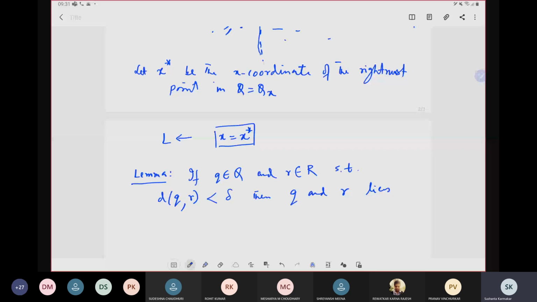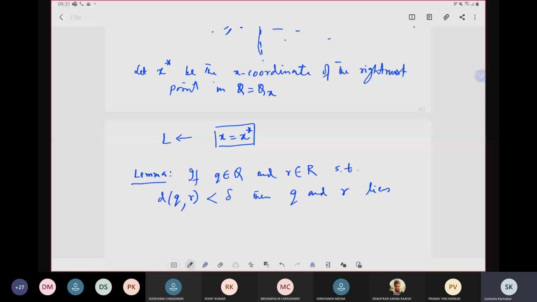Okay, why so? Because suppose Q lies here, and this is my Q, and R lies here, suppose. So what is their distance? Their Euclidean distance is this, and their x distance and y distance are these. So in x distance, they are separated by at least 2 delta, and in y distance, how much I do not know actually.